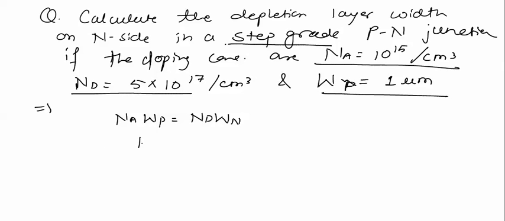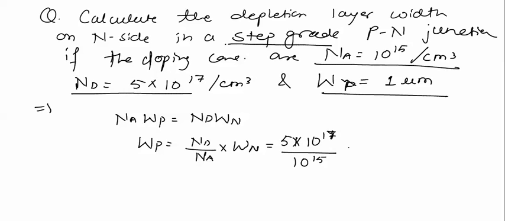From this equation, we can calculate Wn, which will be Na upon Nd into Wp, equal to 10 raised to power 15 divided by 5 into 10 raised to power 17, into 1 micrometer. This will come out to be 0.002 micrometers.